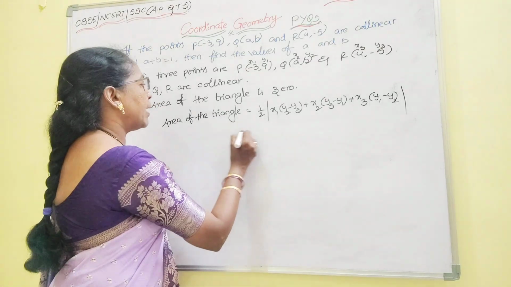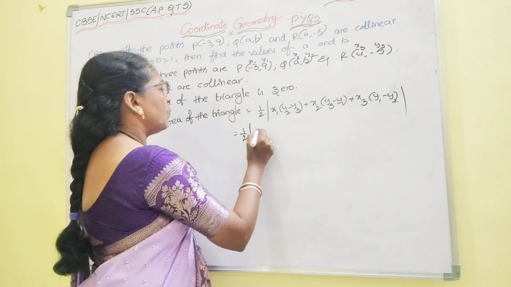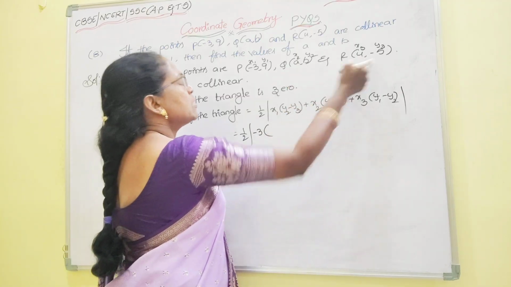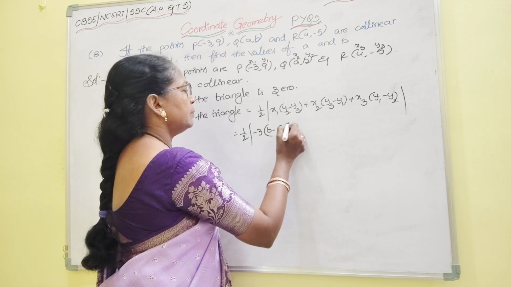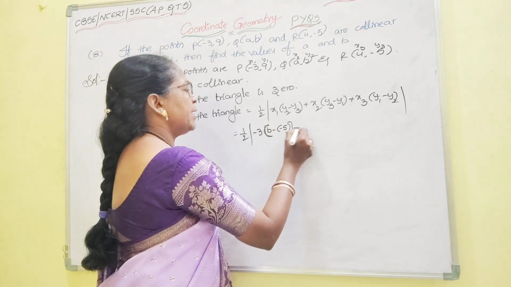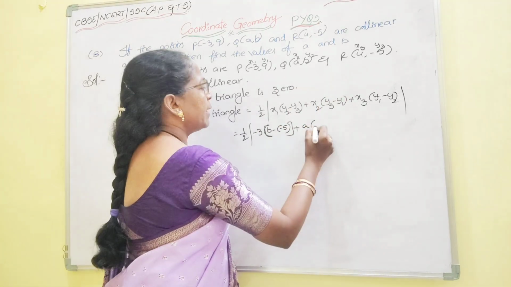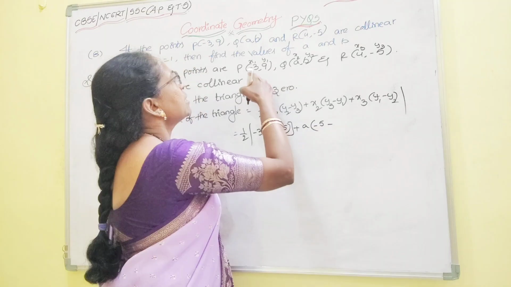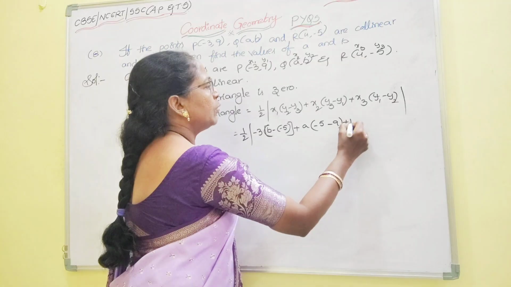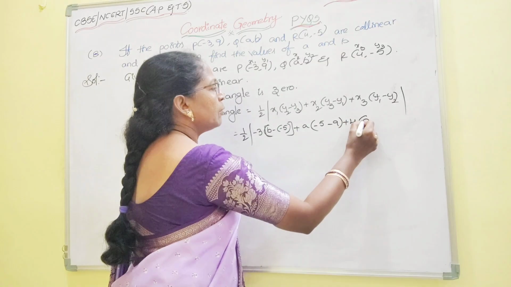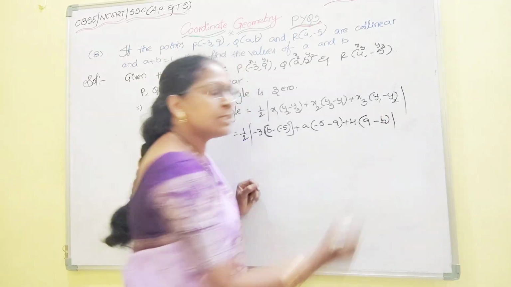Now substitute the values: half into, where x1 equal to minus 3, into y2 minus y3, that is b minus of minus 5. Next, x2 equal to a into y3 minus y1, that is minus 5 minus 9. Plus x3 equal to 4 into y1 minus y2, that is 9 minus b.